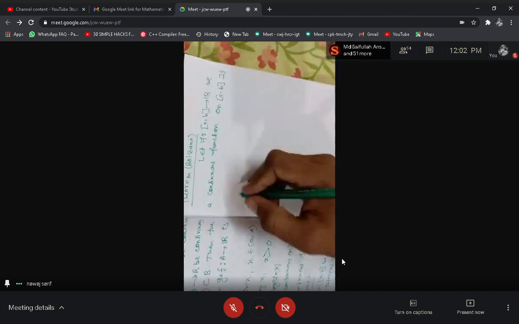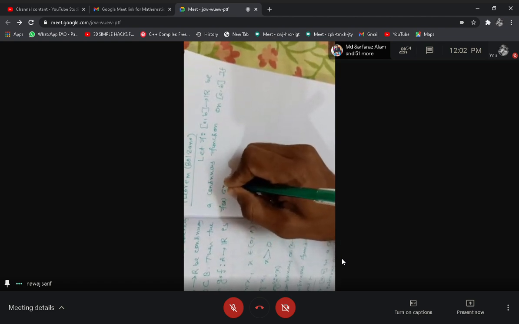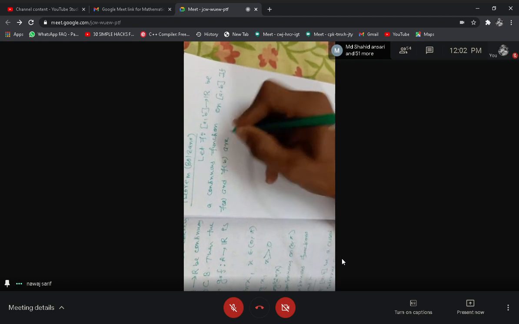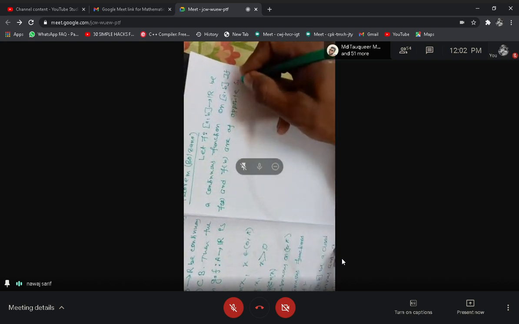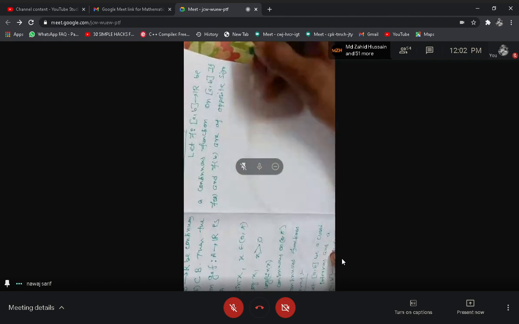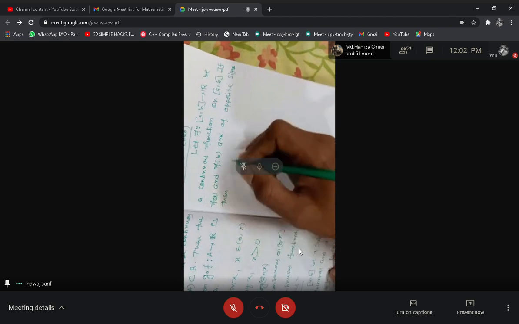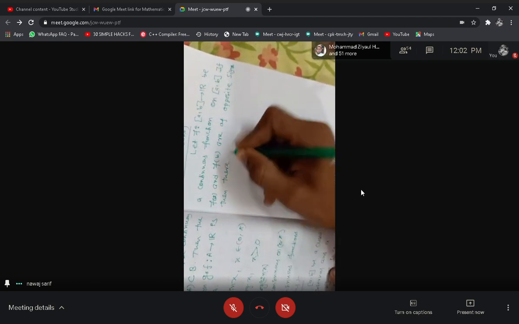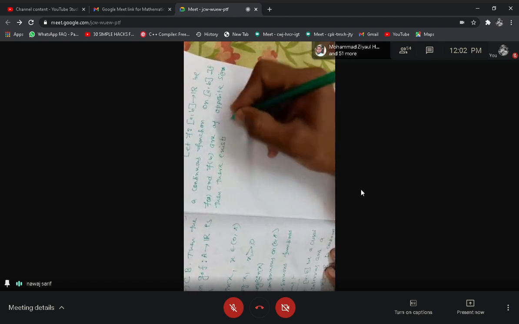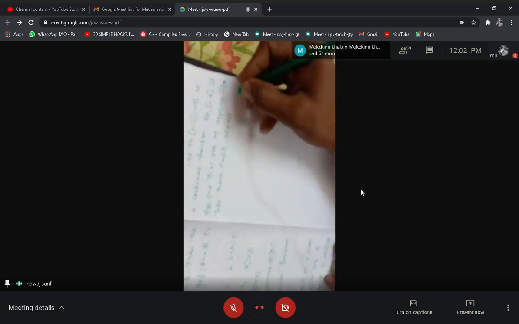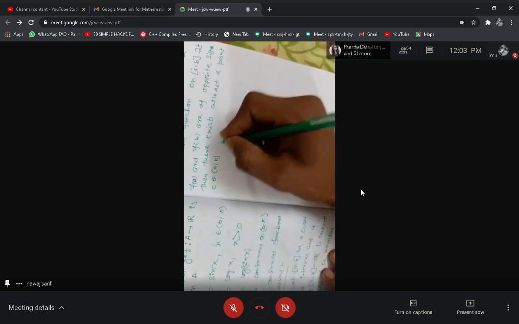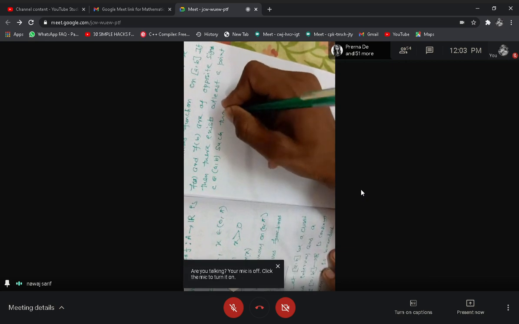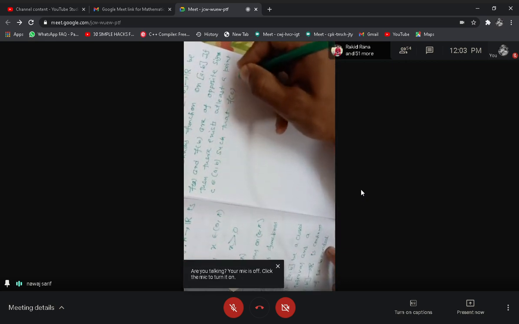Now, if f(a) and f(b) are of opposite sign, then there exists at least a point c belongs to (a, b) such that f(c) equal to 0.